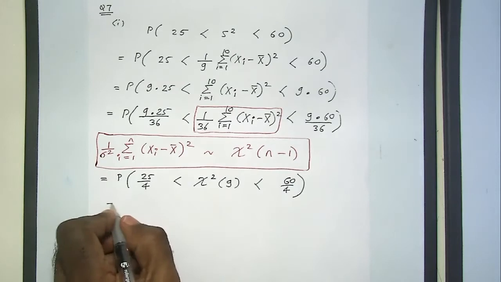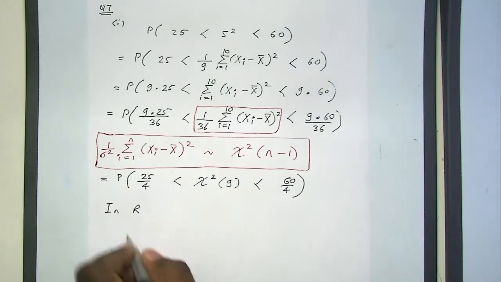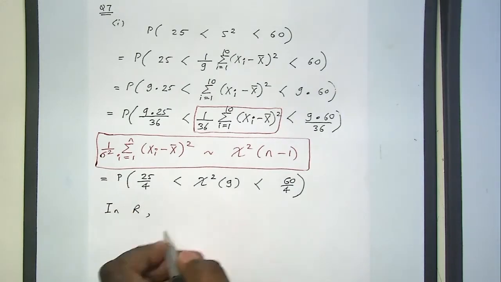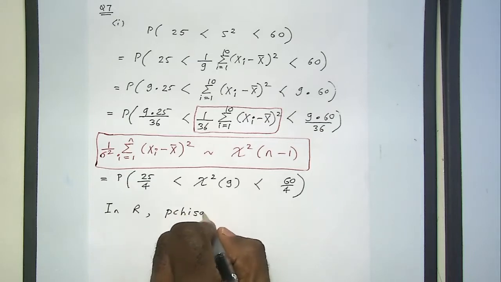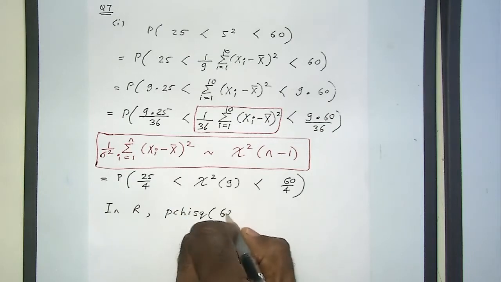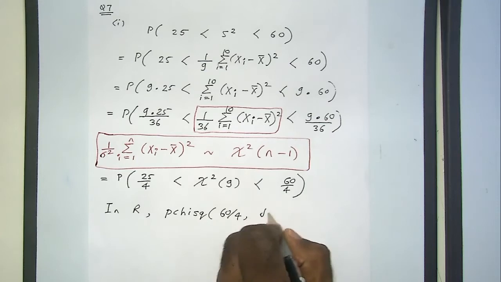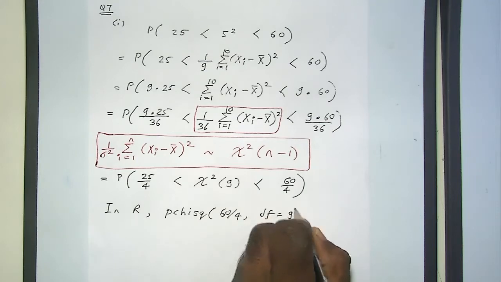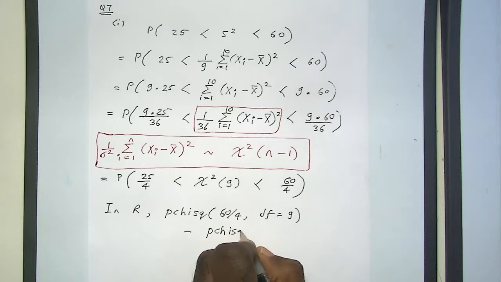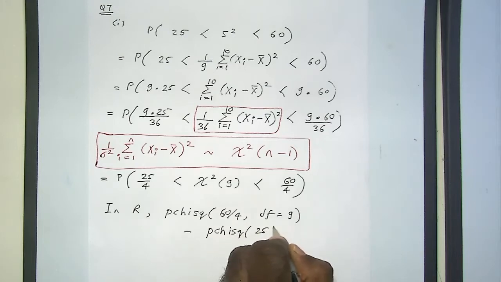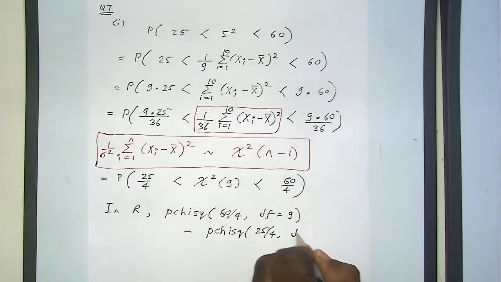For example, in R, you can compute this as follows. DF stands for degrees of freedom. So that's part 1.